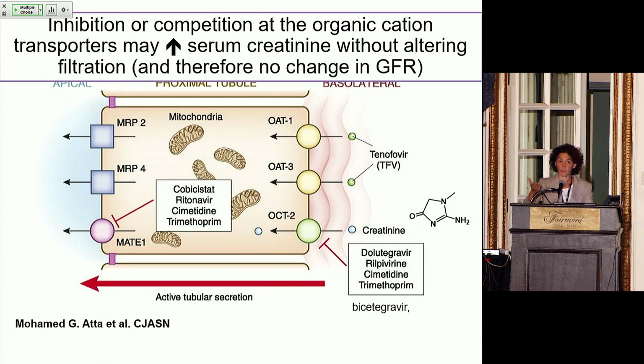But you will see a decrease in GFR because we measure creatinine. And this is true not just for cobicistat, which is co-formulated with tenofovir. It's also true for cimetidine, I'm sure you've heard of, and also trimethoprim, and also a lot of the integrase inhibitors that are used for HIV.